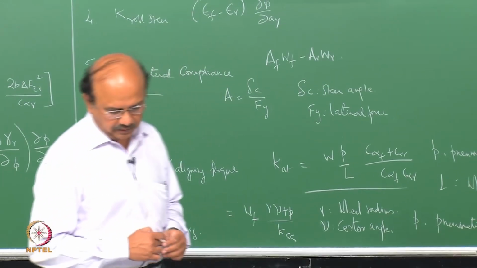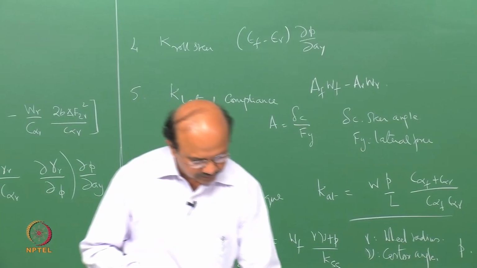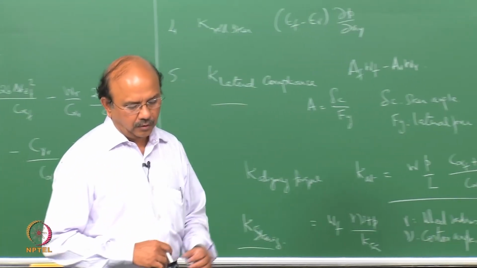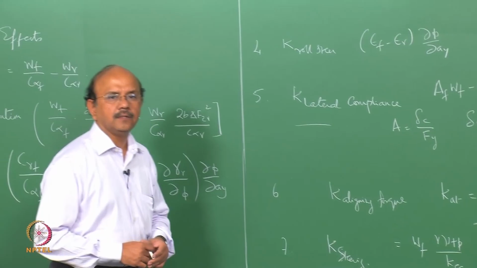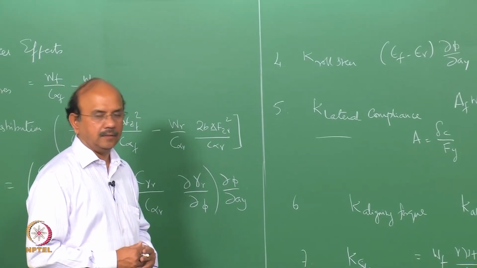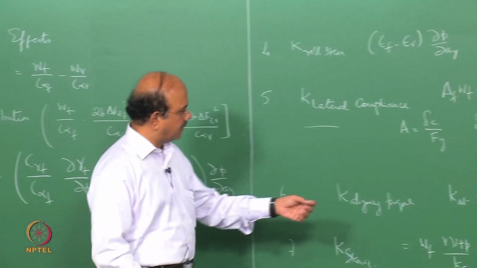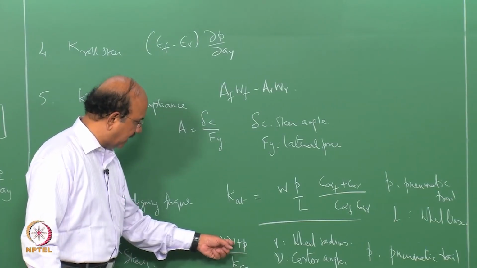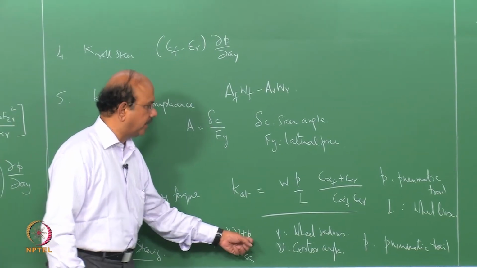Okay, so this KSS, where we look at the stiffness or the compliance of the steering, as well as we look at the wheel radius, the caster angle and the pneumatic trail.